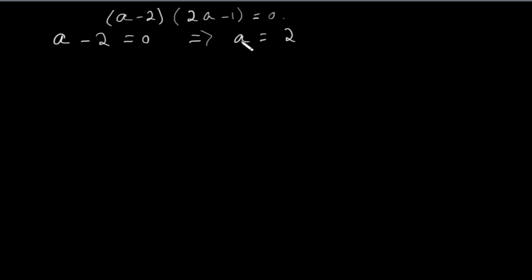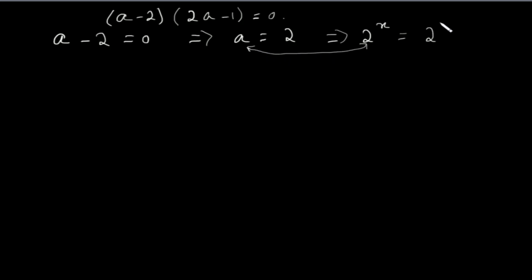Now we know that a was substituted for 2 raised to power x, so substituting back the value of a, 2 raised to power x is equal to 2. This is the value we earlier supposed.